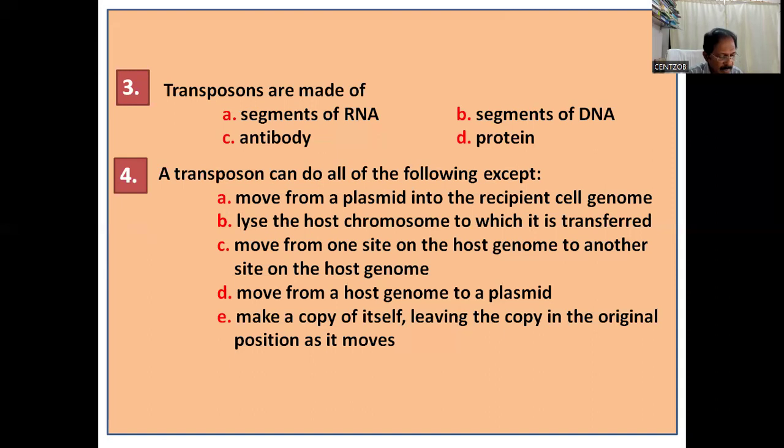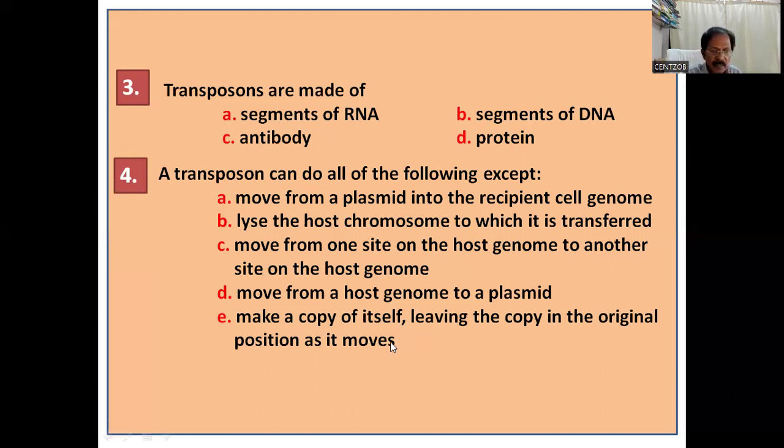A transposon can do all of the following except: A, move from a plasmid to the recipient cell genome. B, lyse the host chromosome to which it is transferred. C, move from one site on the host genome to another site on the host genome. D, move from a host genome to a plasmid. E, make a copy of itself, leaving the copy in the original position as it moves.